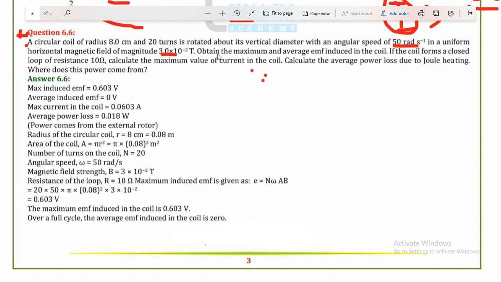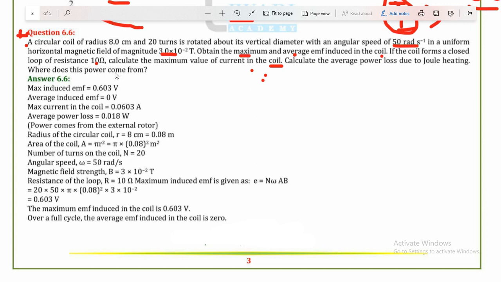Obtain the maximum and average EMF induced in the coil. Now if the coil forms a closed loop of resistance 100 ohm, then calculate the maximum value of current in the coil and calculate the average power loss due to Joule heating.